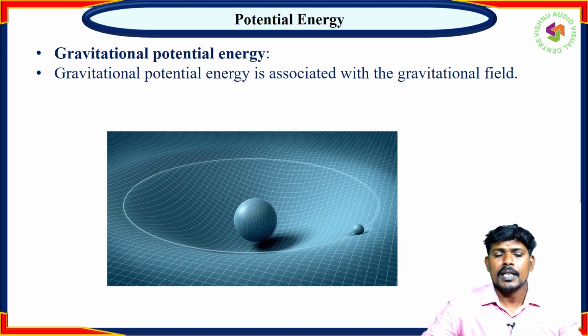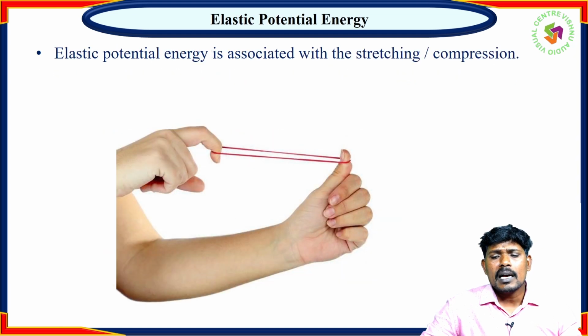Next one is the examples of potential energy. First one is gravitational potential energy. Gravitational potential energy is associated with the state of the gravitational field. Next one is elastic potential energy. Elastic potential energy is associated with the stretching and compression of a body.